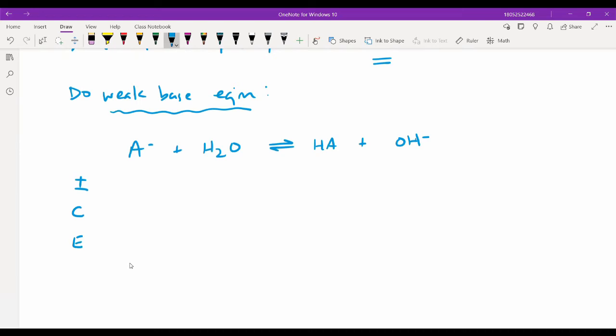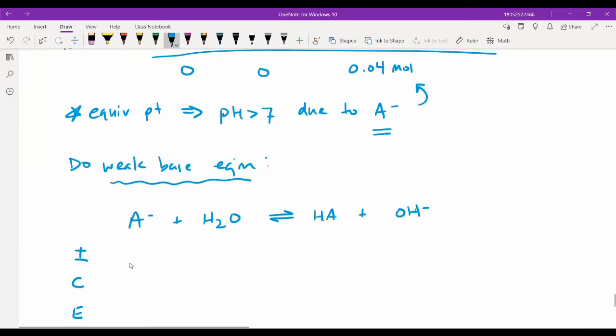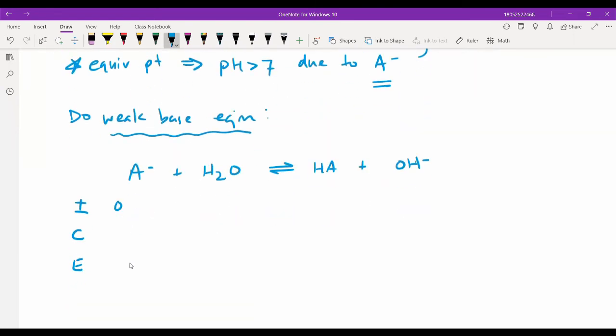Okay, so when we do the ice table, one thing to keep in mind is you don't want to put 0.04 here, because we want to go back to molarity when we're doing the ice table, right? So let's figure that out. Concentration of A minus is 0.04 moles. Remember to divide by your total volume.